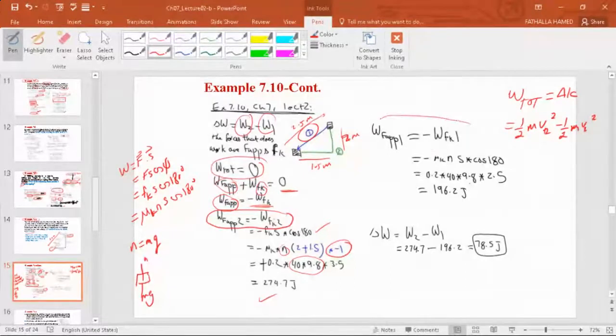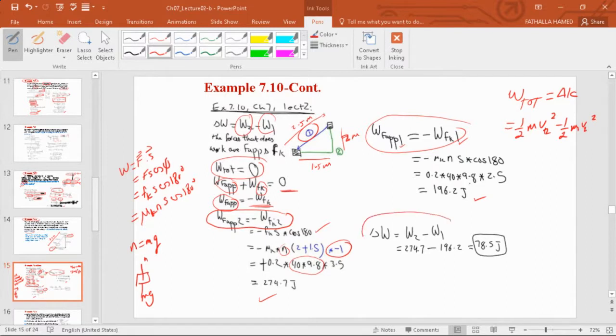If you do that along path 1, minus mu k N s cosine 180 degrees. Cosine 180 degrees will give you minus 1, and you have minus 1 here, so it will be plus. The mu k is equal to 0.2, the N is equal to 40 times 9.8, the s is equal to 2.5. That's path 1 here, and you get 196.2 joules.